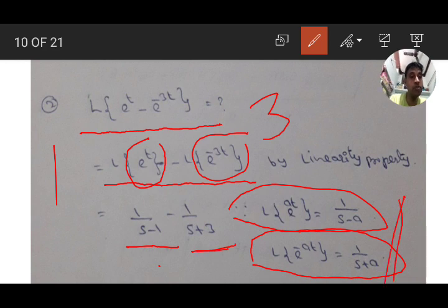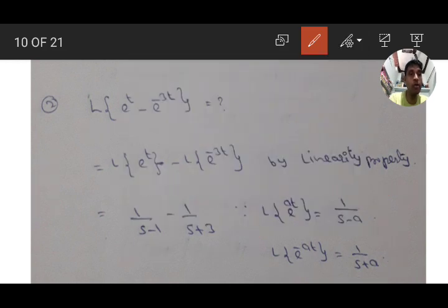So basing on these two formulas, L of e to the power of at is 1 by s minus a, here a equal to 1, so we get 1 by s minus 1, and L of e to the power of minus 3t, here a equal to 3, so we get 1 by s plus 3. Okay, understood?